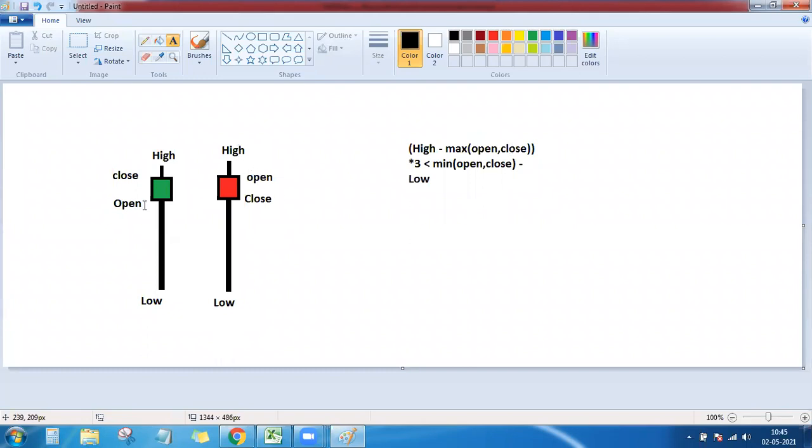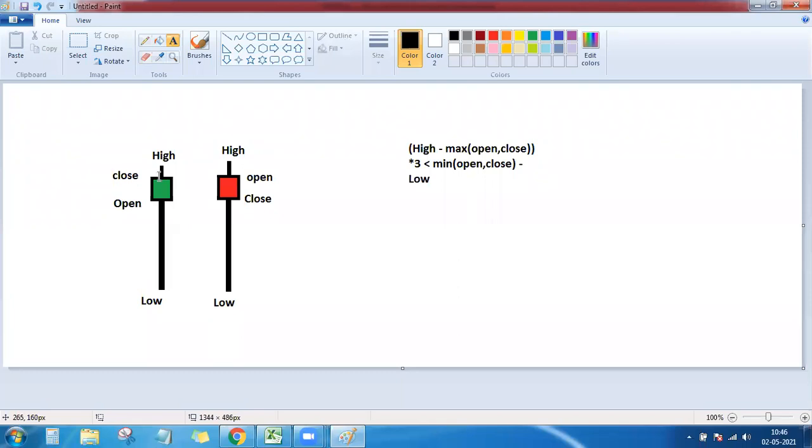If it is a green candle, it would be high minus close. So when I multiply this by 3, that should even be less than the total distance at the bottom. It means the lower wick should be 3 times greater than the upper wick. If there is no shadow at all, in that case also the lower wick would be 3 times greater than that. So right now we are just considering the size of the wick, lower wick and the upper wick.